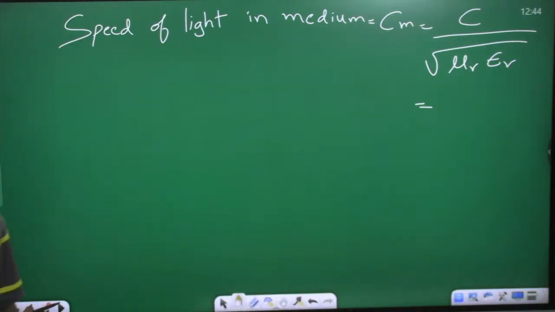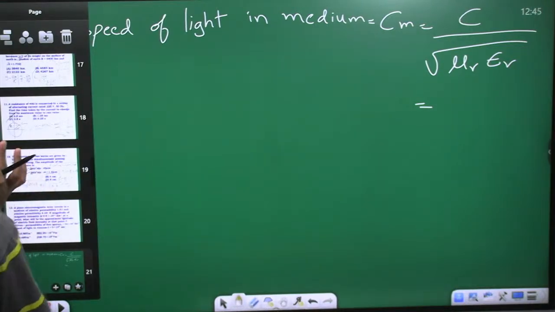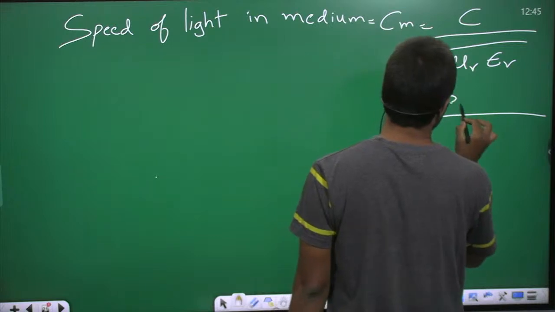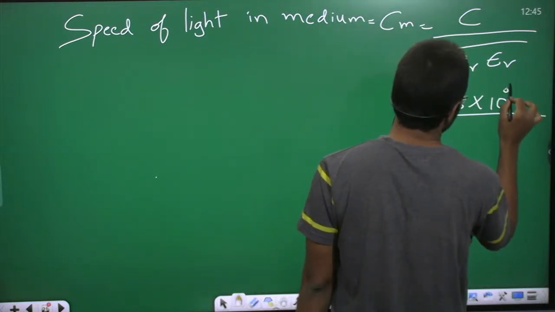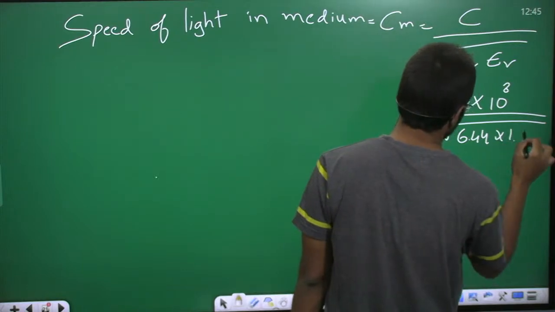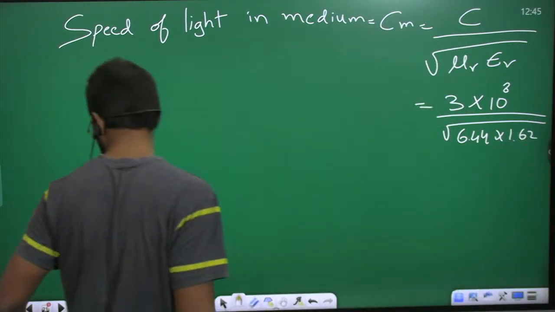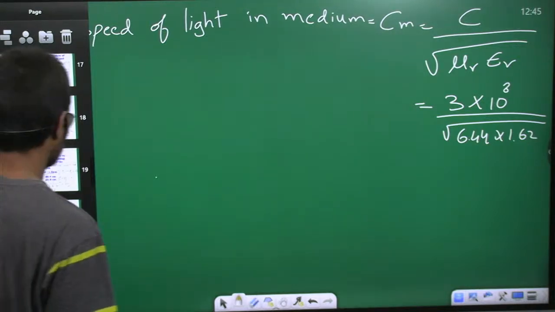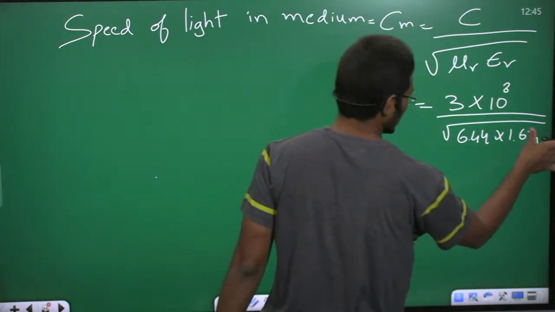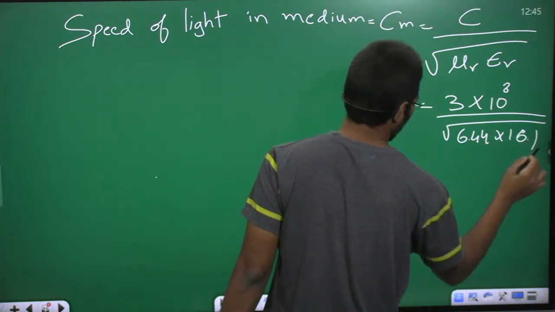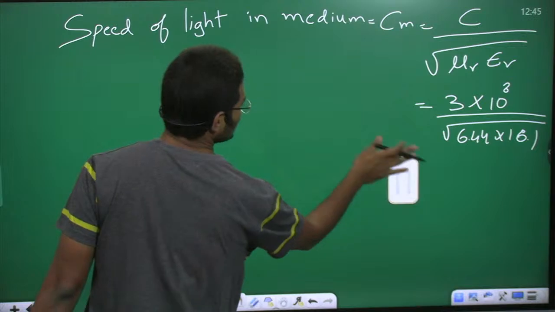What all do we have? 1.61, 6.44. So 3 into 10 power 8 divided by under root of 6.44 into 1.61.